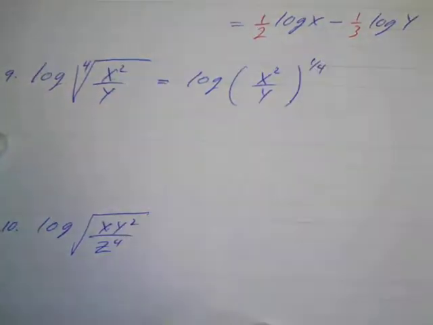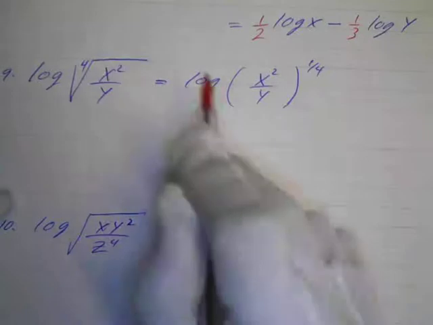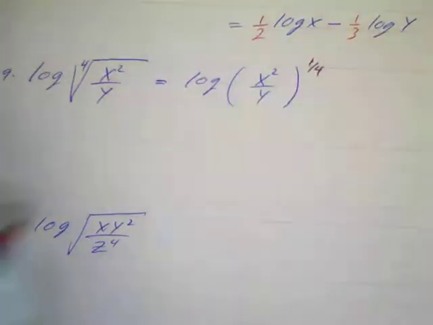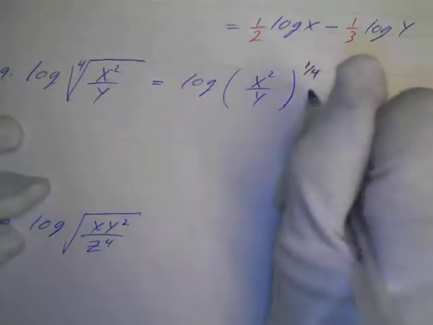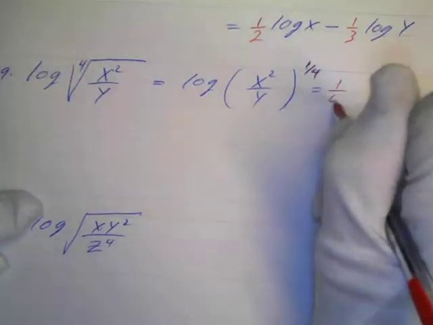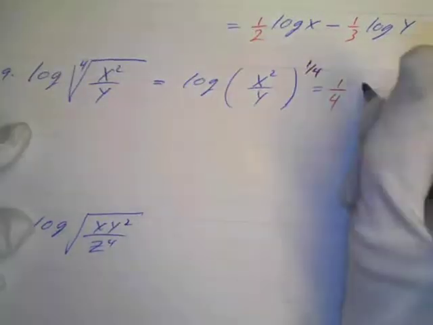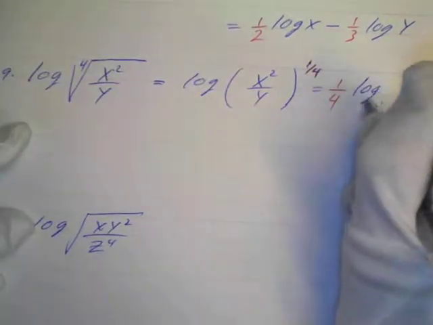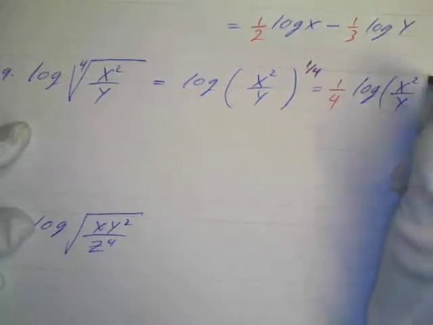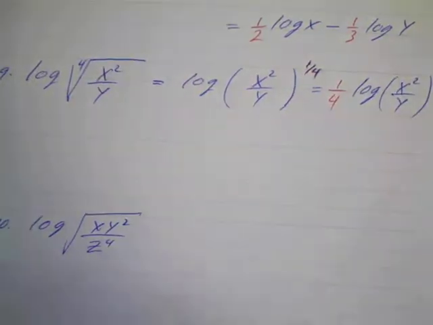Now we can apply the power rule because we've got the log of something to a power, so we can put that power in front. That's going to equal 1/4 times the log of x squared over y.